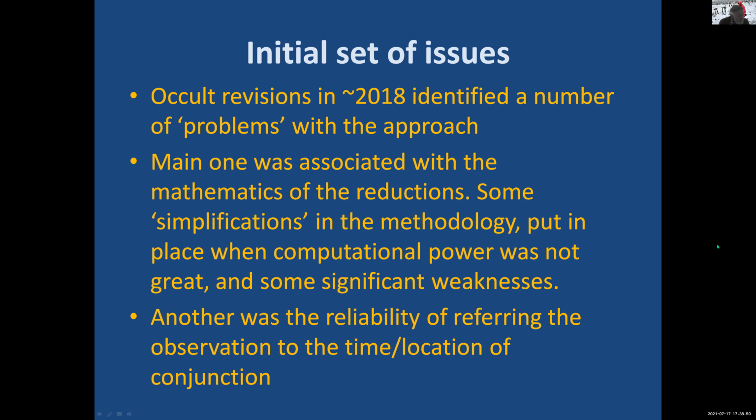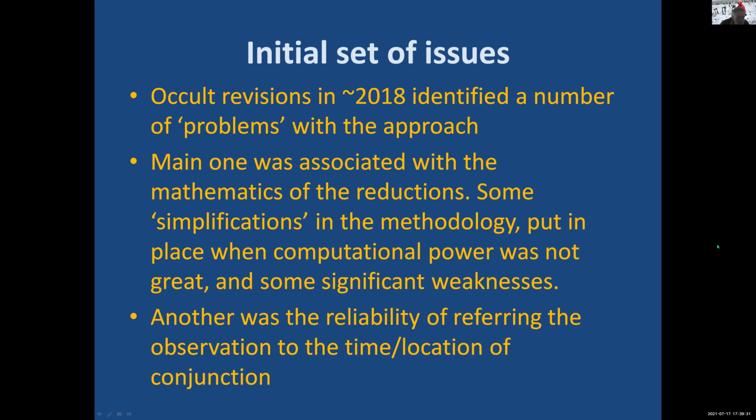But about 10 years later, I did a significant revision in Occult and identified a number of issues with our approach for deriving the astrometry. The main one was the mathematics of the reductions. When I first started doing this, I think I'd got past the Commodore 64 and had a basic IBM computer, but that's back in the days of Windows 3 or something like that.